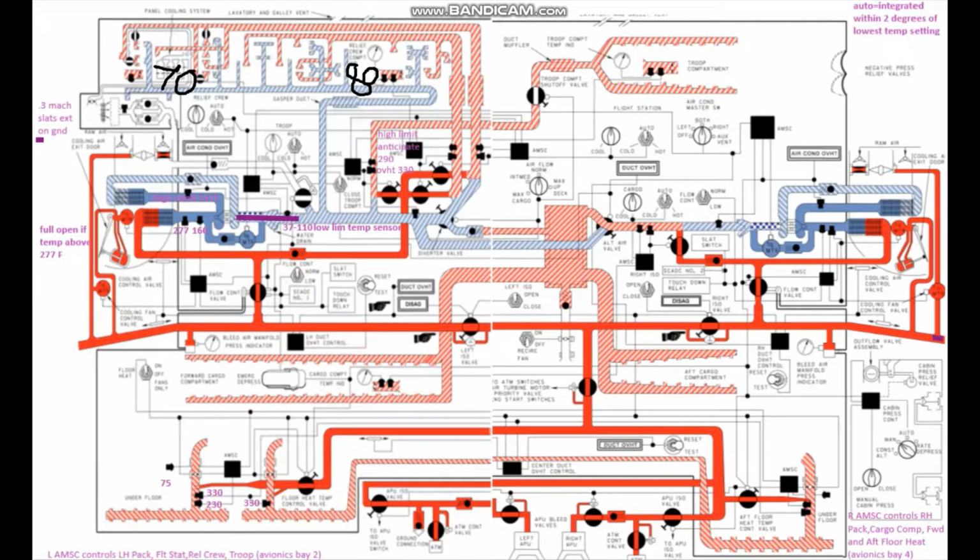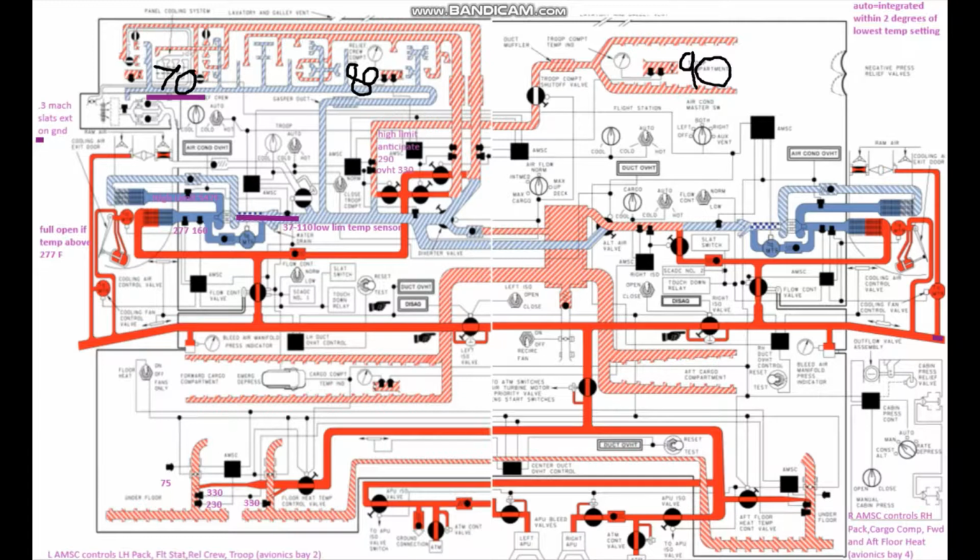And then over here in the troop, we have 90 for whatever reason. Okay, so what's going to end up happening is the lowest setting that you have set up there, so this one's going to end up being 70 degrees.